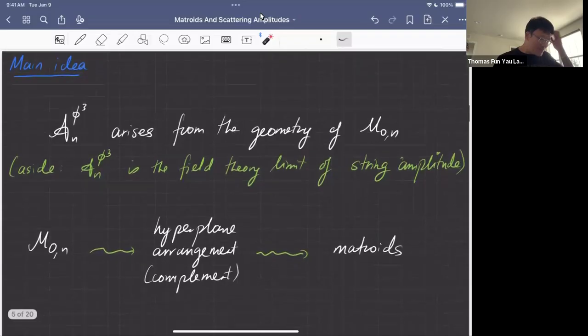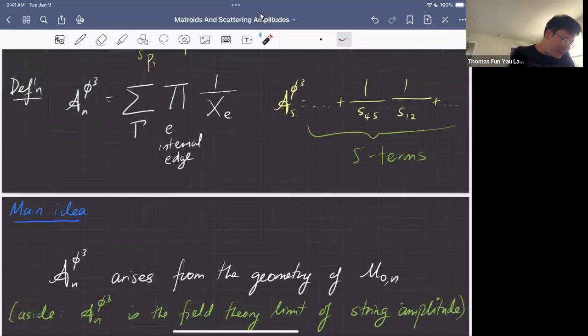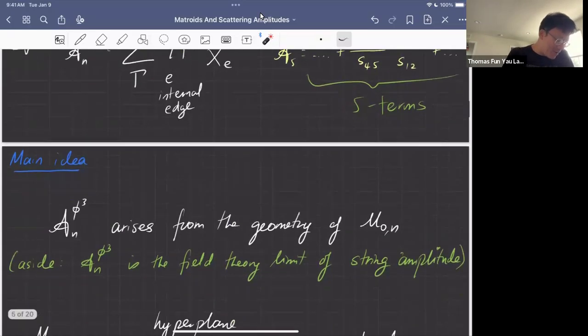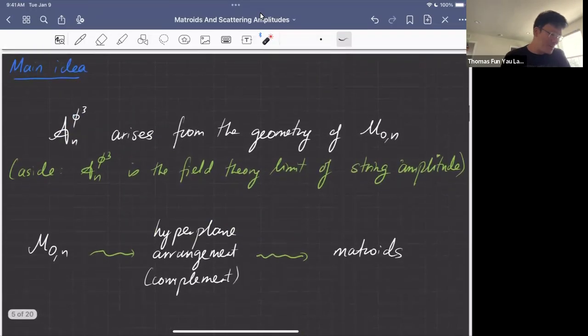In this talk, the main idea is that I gave you the combinatorial definition of this rational function, but there's another way to obtain it, and it comes from studying the geometry of the moduli space of n points on P1. I'll explain this in a moment. It comes from the geometry of this M_0,n, which may be familiar to many of you.